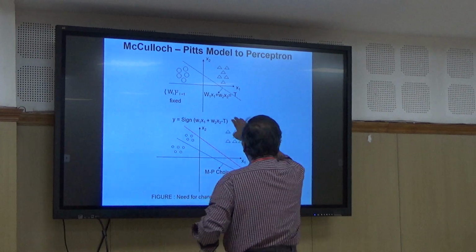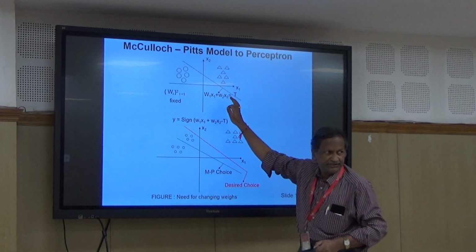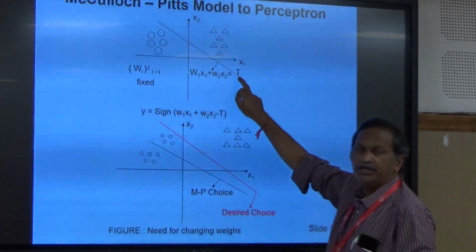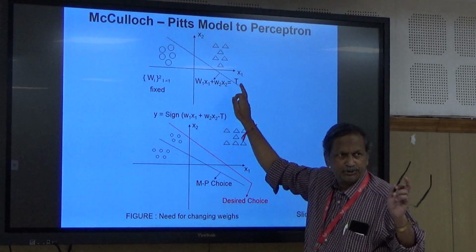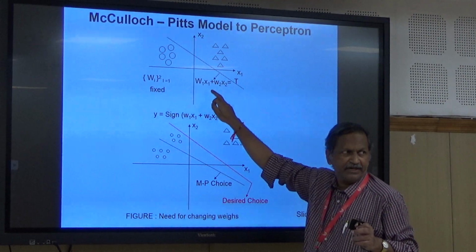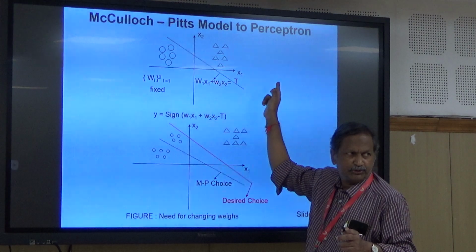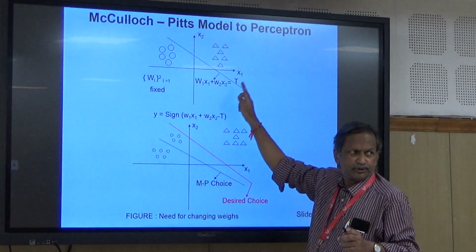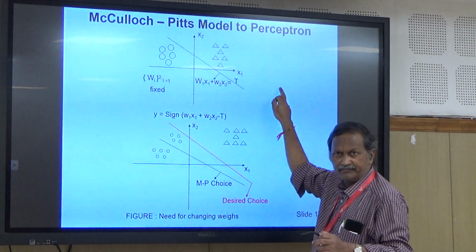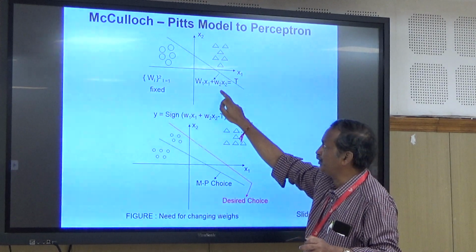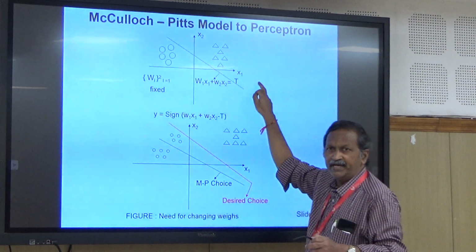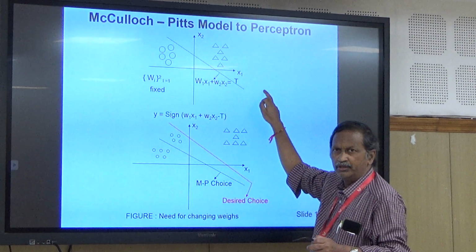So suppose my functional relationship is W1 x1 plus W2 x2 equals t. Let's do a little trick. Keep W2 x2 on the left side, move W1 x1 to the other side. So W2 x2 equals t minus W1 x1, and x2 equals t over W2 minus W1 over W2 into x1.